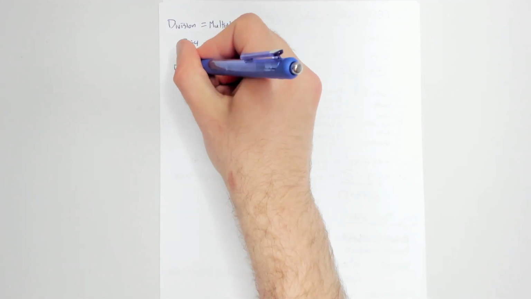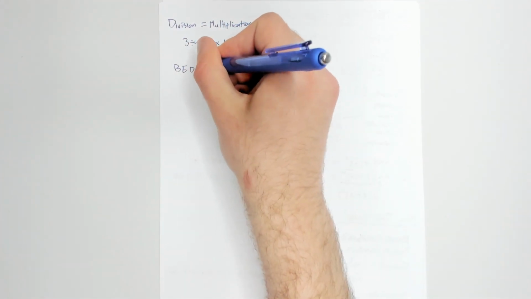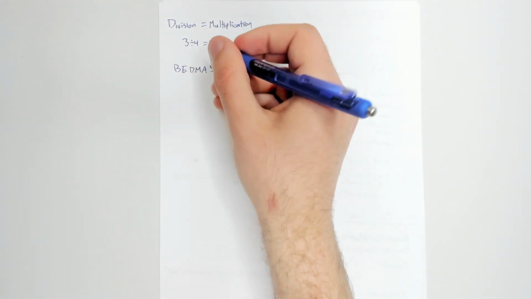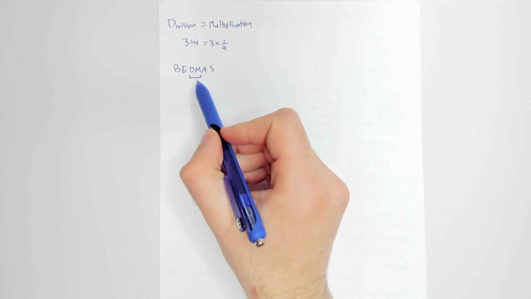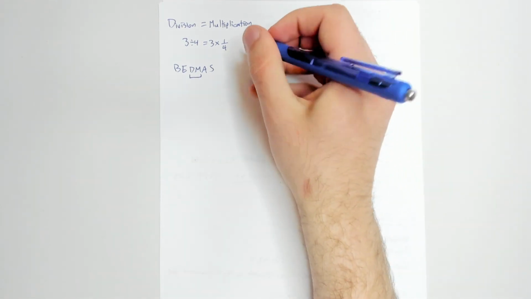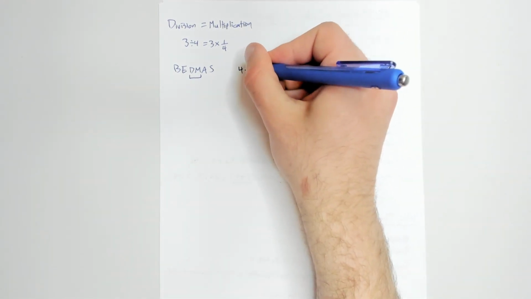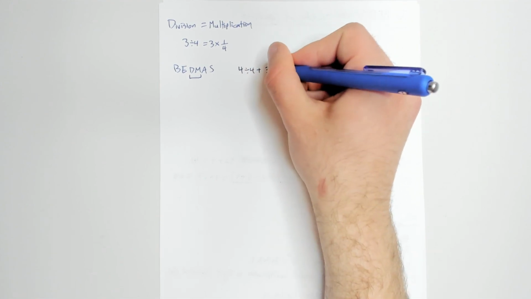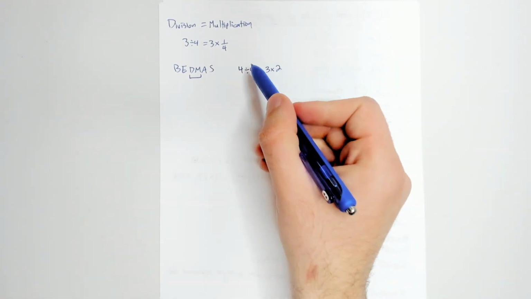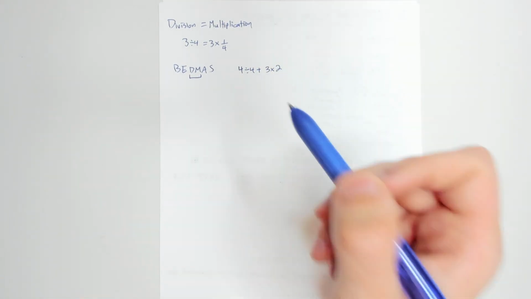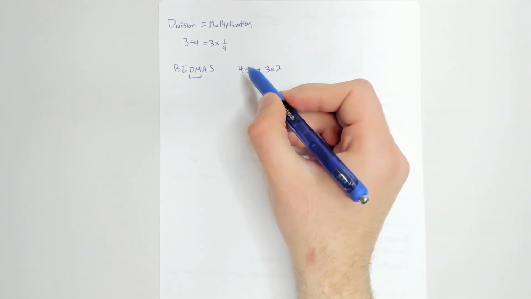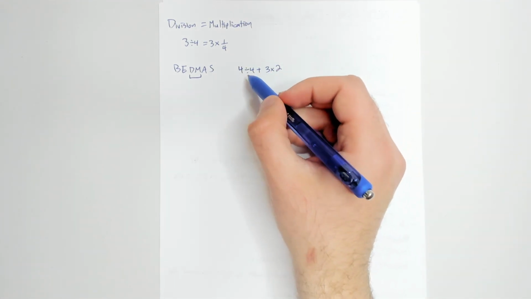And for that reason, we actually get that multiplication and division are interchangeable inside of the BEDMAS ordering, inside of our order of operations. So we have BEDMAS here, and we write D and M, but essentially these are kind of one unit. So they have the same position as each other. So for example, if I did 4 divided by 4 plus 3 times 2, it's not going to matter if I do 4 divided by 4 first, or if I do 3 times 2 first, because 4 divided by 4 is essentially just multiplication by a quarter, right?